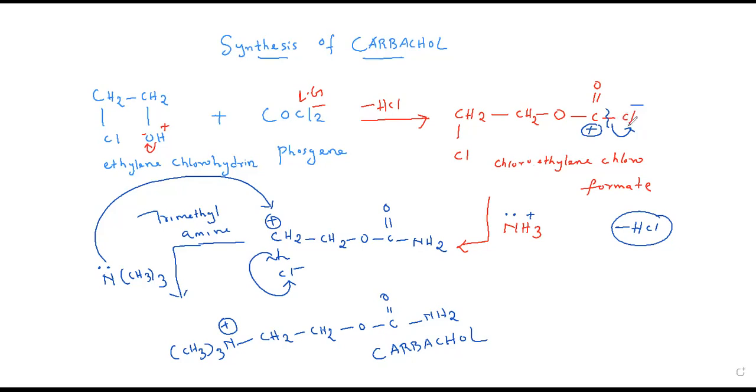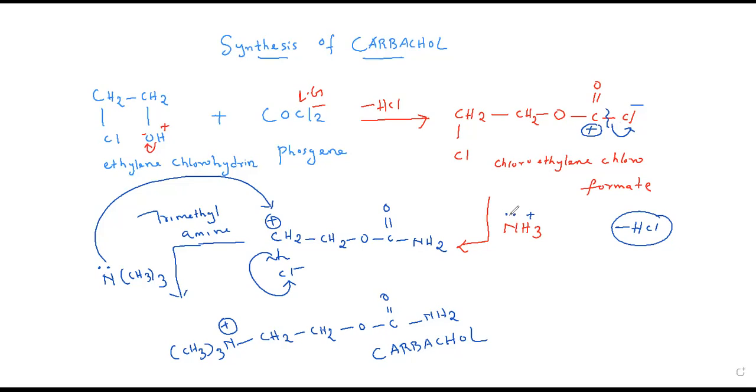As chlorine has more electronegativity, the electrons will come out from the sigma bond and migrate towards chlorine. Therefore, this carbon will get a positive charge. This positively charged carbon can be stabilized by this nitrogen, which has a lone pair of electrons.